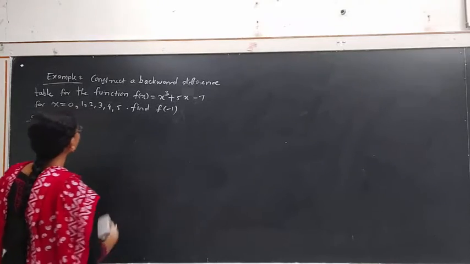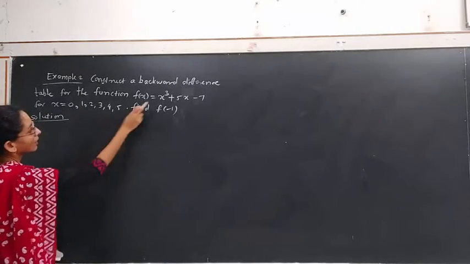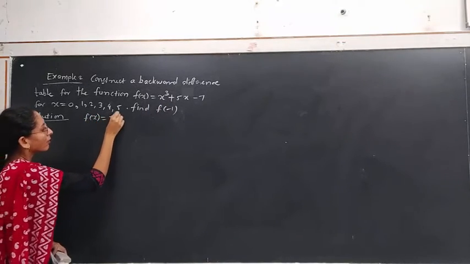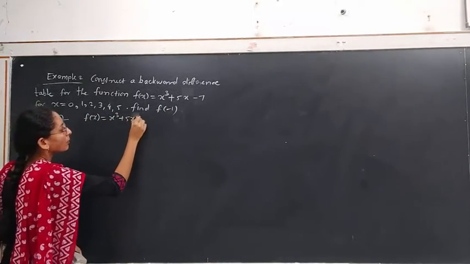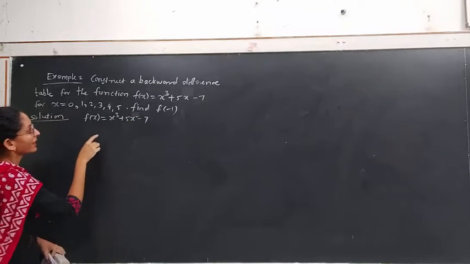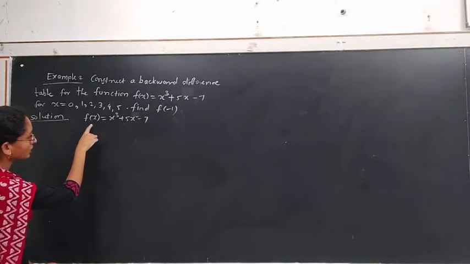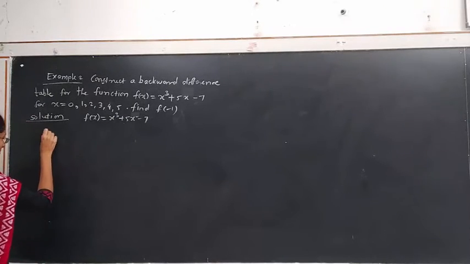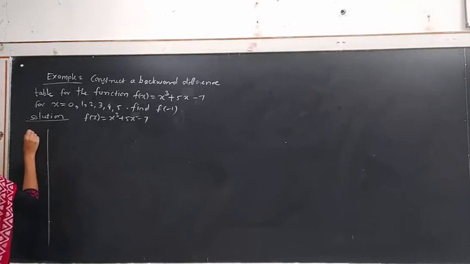The given function is f of x equal to x cube plus 5x square minus 7. First we find the values of the function at these points of x and we prepare the table.